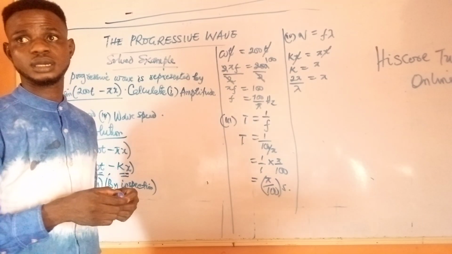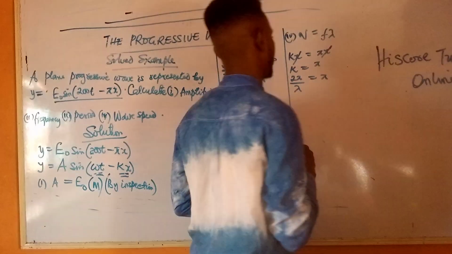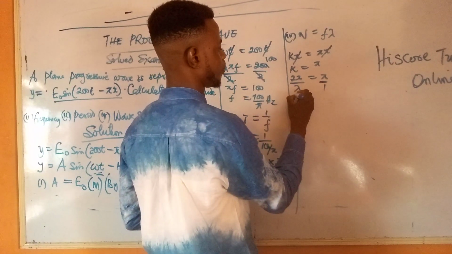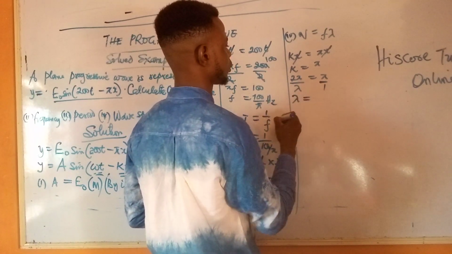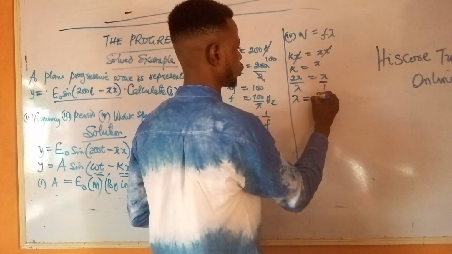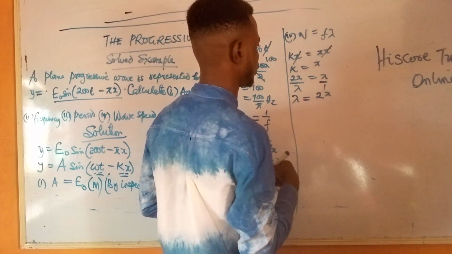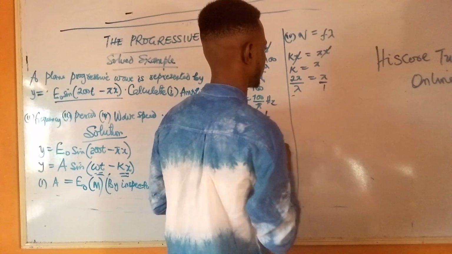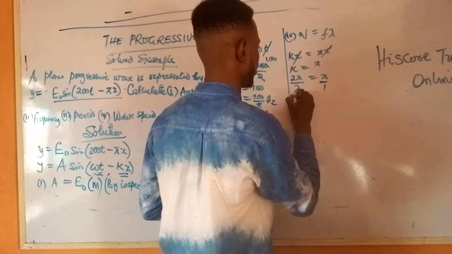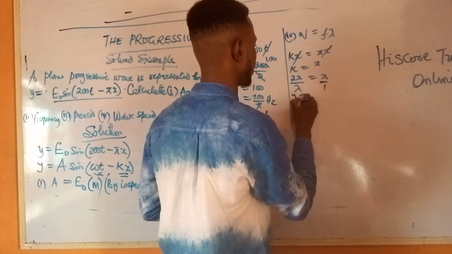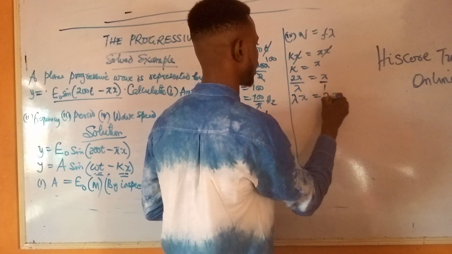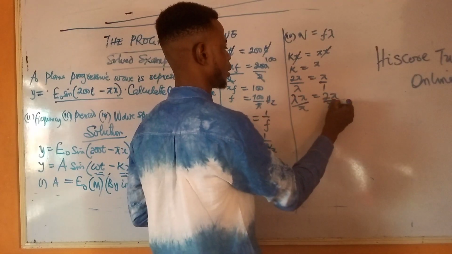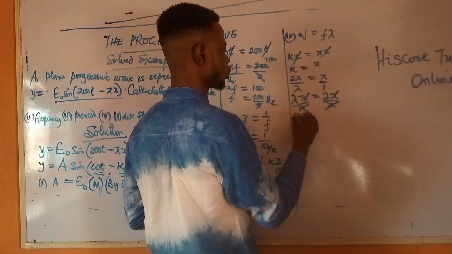So lambda becomes 2 pi over pi, which is 2. Lambda times pi equals 2 pi, so lambda equals 2.